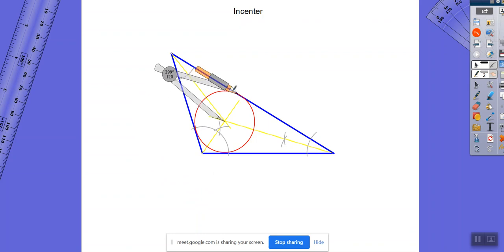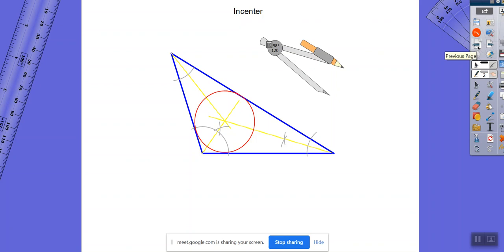All right, so notice how all three sides of the triangle are tangent to my circle. Cool stuff. So this circle is inscribed in my triangle. So I'll say this again. The circle is inscribed in the triangle.